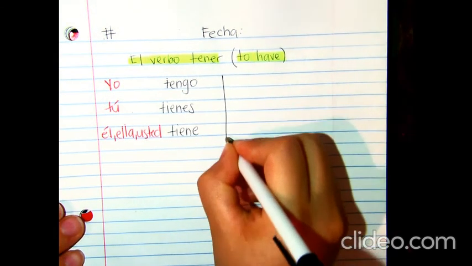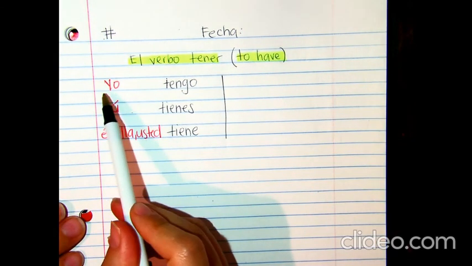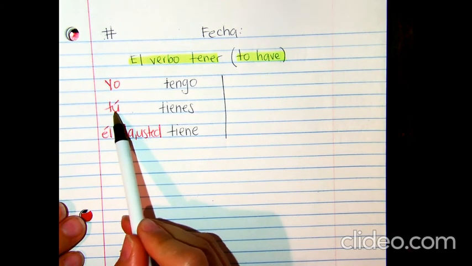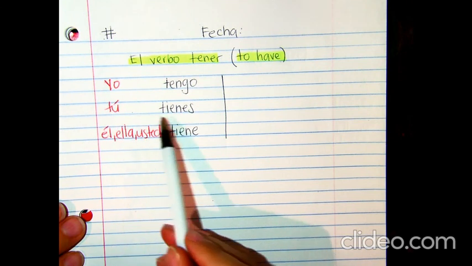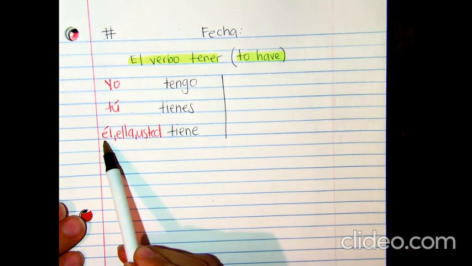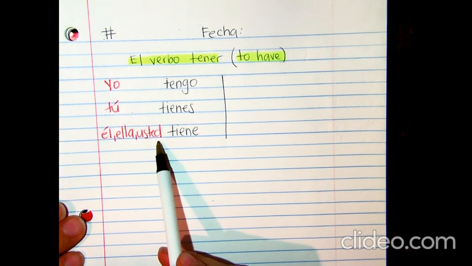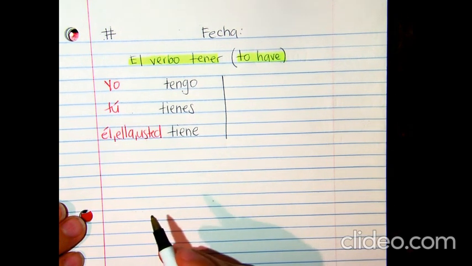All right? So remember that yo means I, tú means you, singular, informal, él, with an accent mark, means he, ella, she, usted is you, singular, formal.